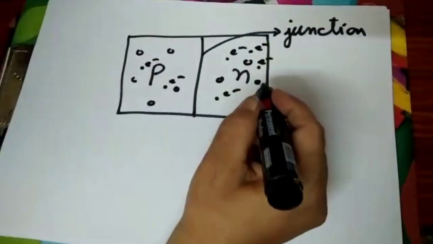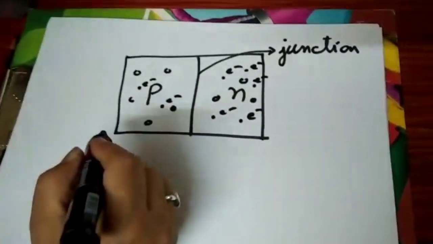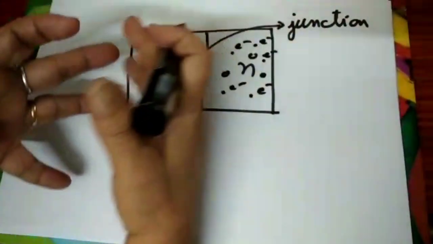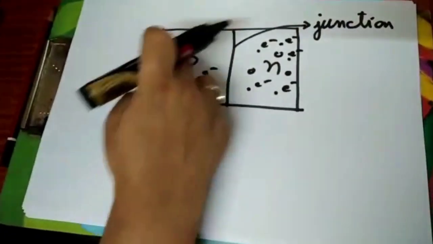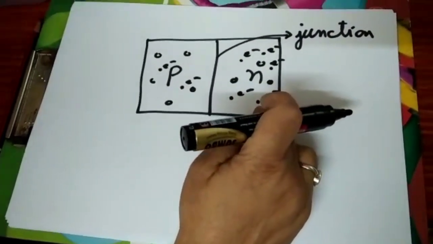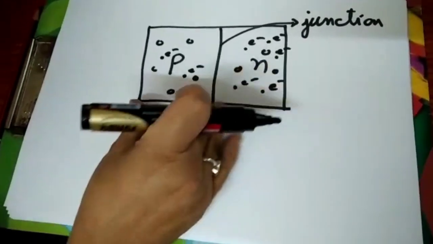Okay, so now as we take this system to room temperature, what happens? They will try to diffuse, because here there is a majority of holes and here a majority of electrons. So they will rush towards the junction to diffuse.